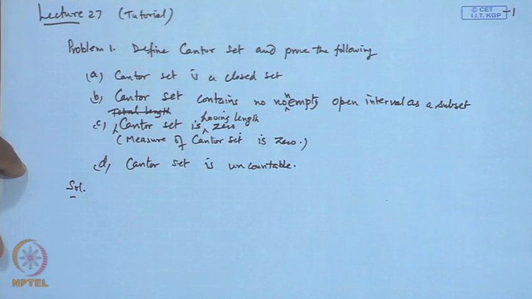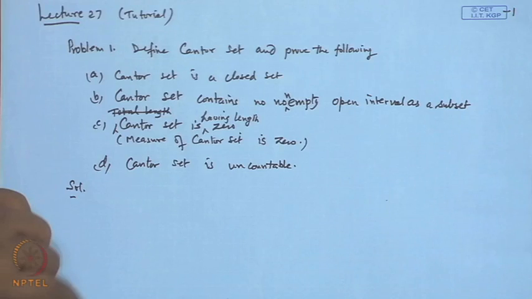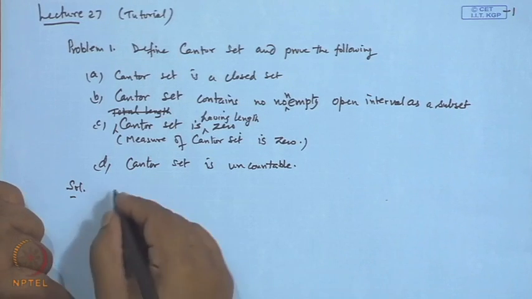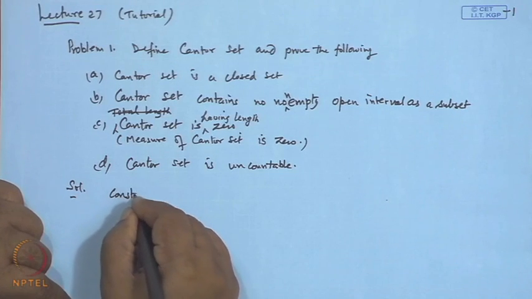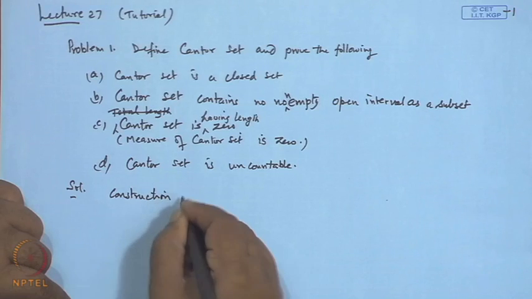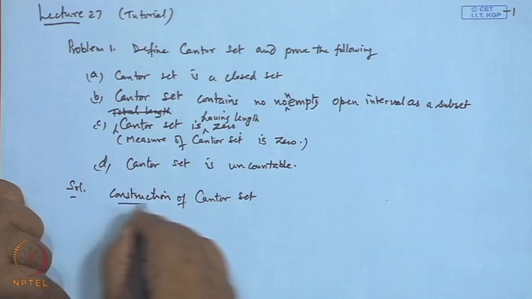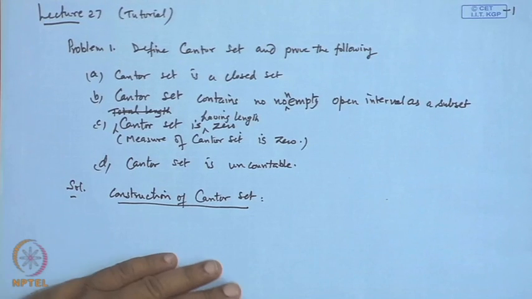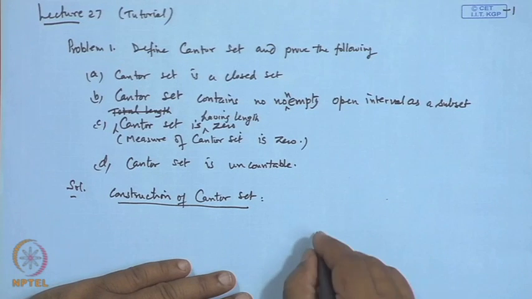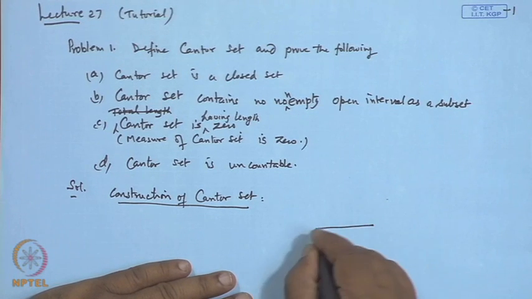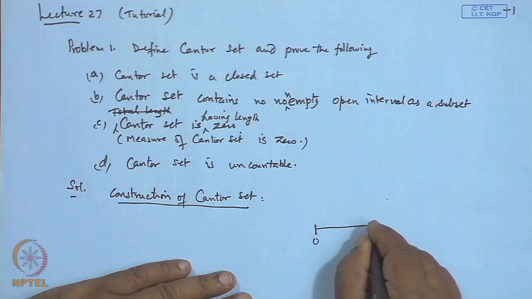So, first let us define the Cantor set. The construction of the Cantor set: let us consider the closed interval [0, 1].